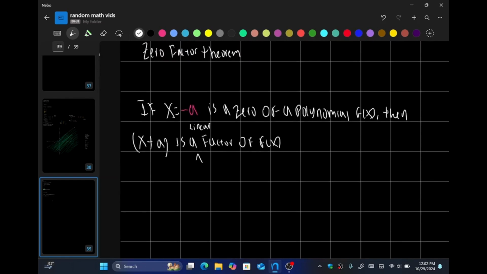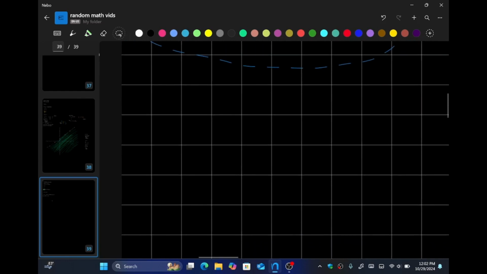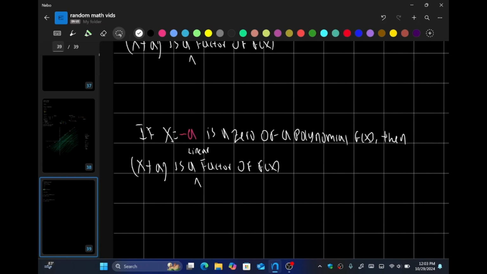So another one is the following. Let me copy and paste this right quick and fix it, guys. Okay, so let's say x equals a is a zero of f of x.